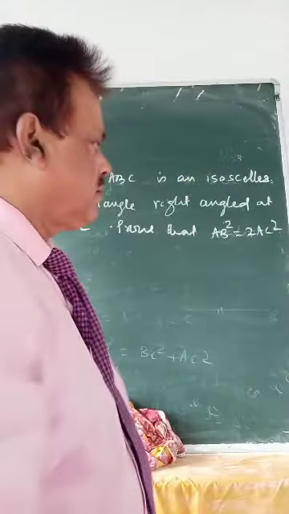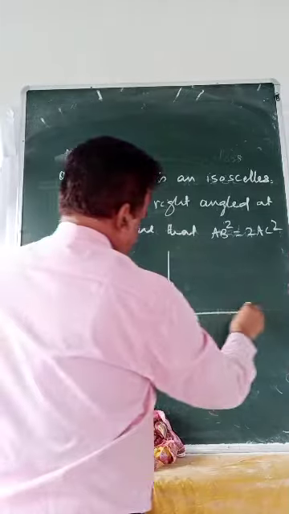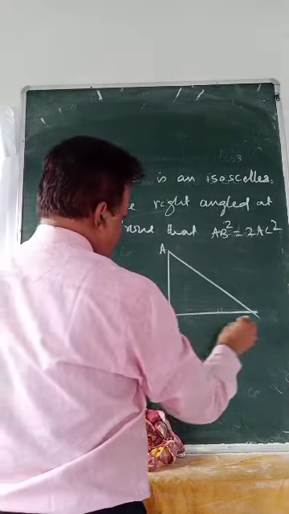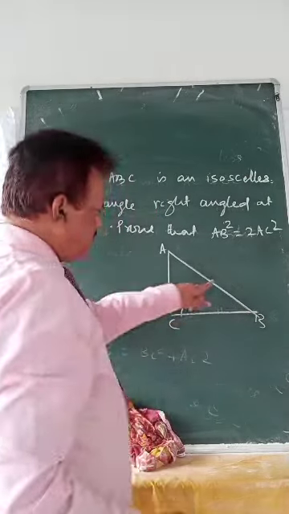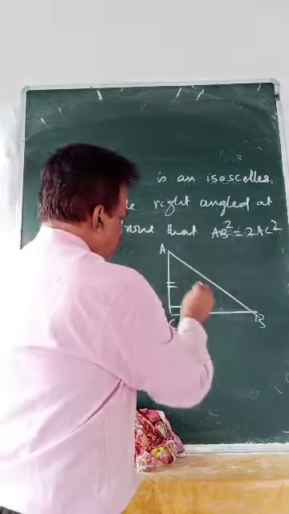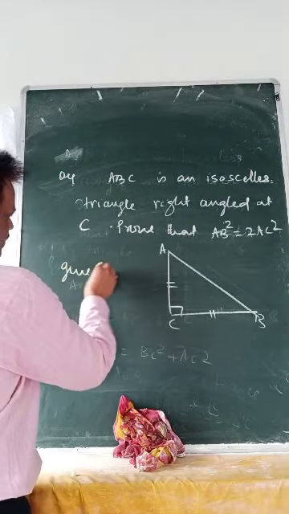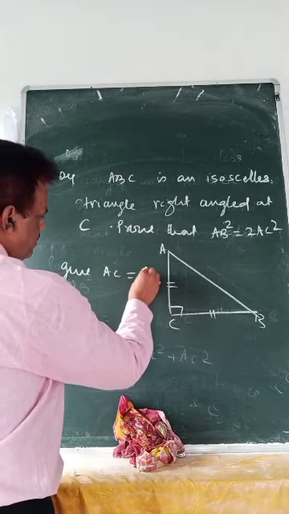Same thing. Look here, this is ACB. Hypotenuse cannot be equal, means these two are equal. So given AC is equal to BC.